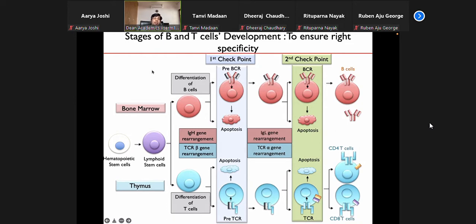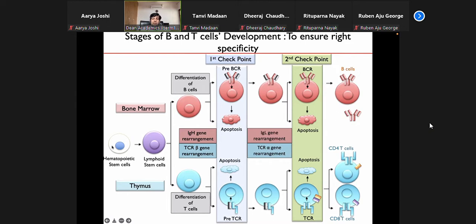And this summarizes stages in B and T cell development. The purpose is to ensure that you select your cells of the right antigen specificity. And if something is autoreactive, it is somehow eliminated as these cells are developing in primary lymphoid organs, so that you minimize your chances of getting autoimmune diseases. So that's the purpose.